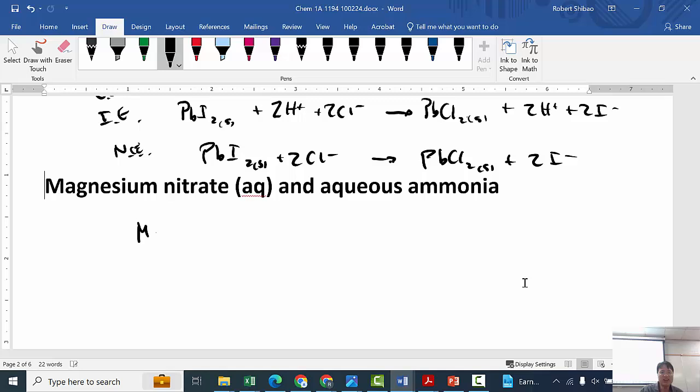Next one here, magnesium nitrate plus aqueous ammonia.